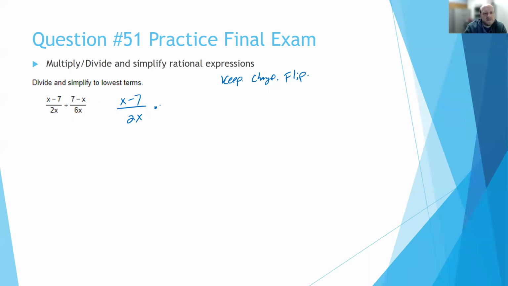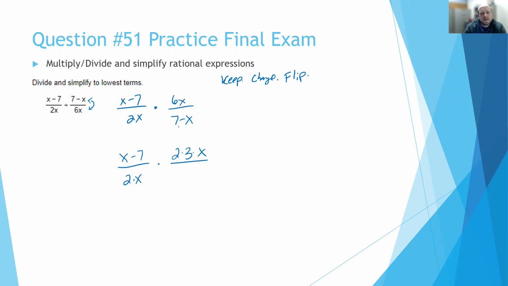I'm going to change division to multiplication, and I'm going to flip the second expression to 6x over 7 minus x. Now what I want to do is write these out so that I can cancel factors. So I'm going to rewrite this as x minus 7 over 2x times 2 times 3 times x. It's the same thing as 6x.